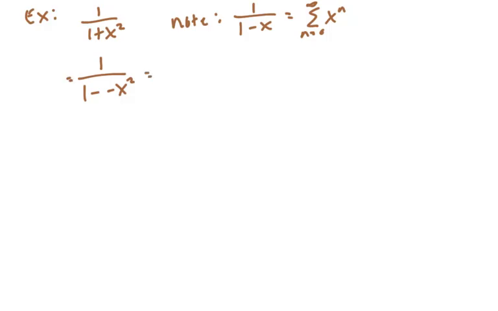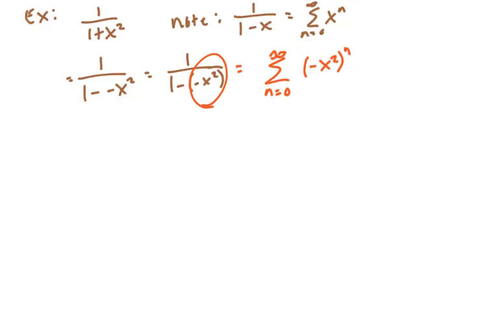And then that really means that we have 1 over 1 minus negative x squared. Let me put that squared inside. So this right here, this parentheses is in place of the x. So it follows the format of x, but the parentheses is going to be in the summation. So we have the sum from n equals 0 to infinity. That means in place of the x, here we have negative x squared to the n power.